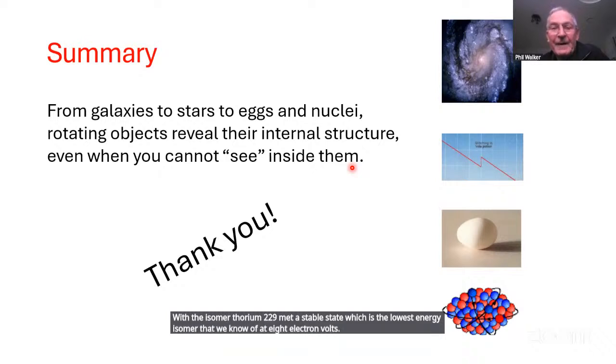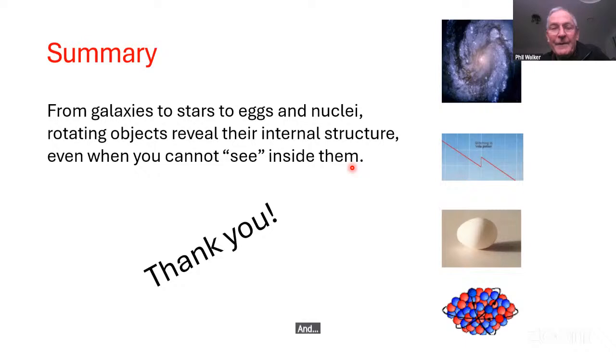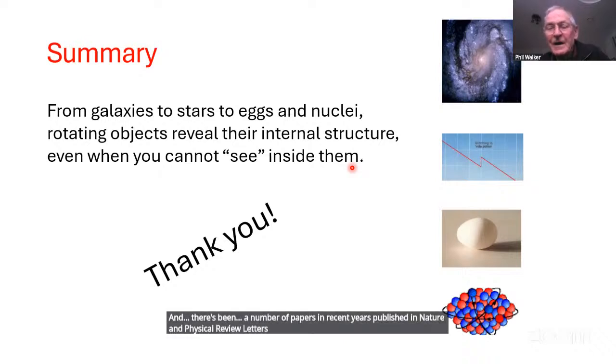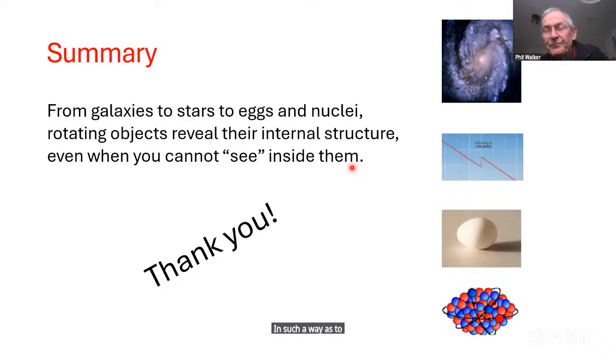And there's been a number of papers in recent years published in Nature and Physical Review Letters about controlling the excitation and decay of this thorium isomer in such a way as to be able to make a nuclear clock which could be far more accurate than atomic clocks.